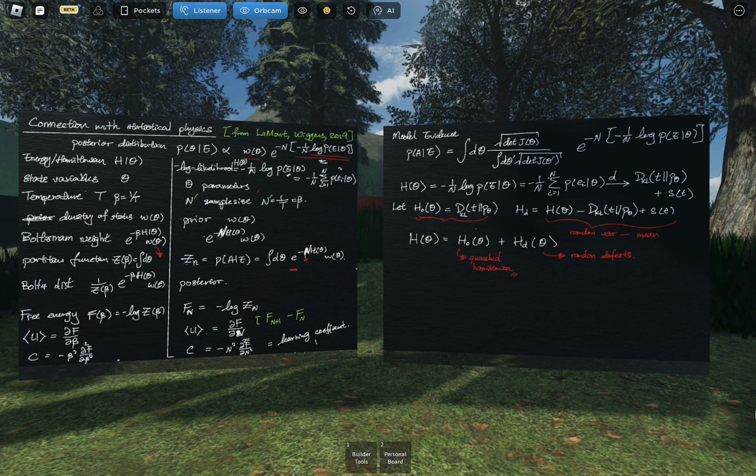If we compute quantities using the full Hamiltonian and fix a particular data set, then you can compute that quantity again and again for different sets of defects. Once you compute the quantity and average over all possible defects, I think that is called the disorder average.